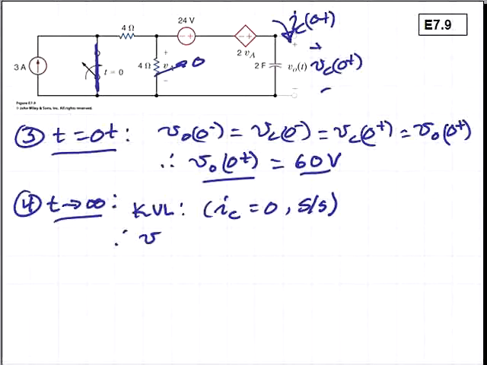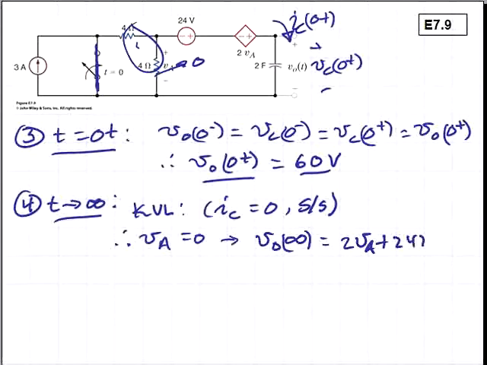We actually have two resistors in parallel, but there's no current flow, no voltage drop, so VA is equal to 0. And thus we have VO of infinity is equal to 2VA plus 24 volts plus VA, but we said that the VA is 0, those cancel out, and the VO of infinity is equal to 24 volts.